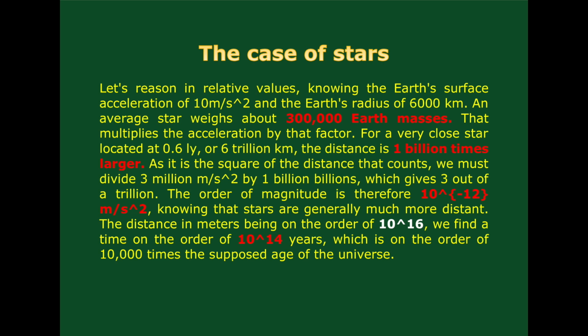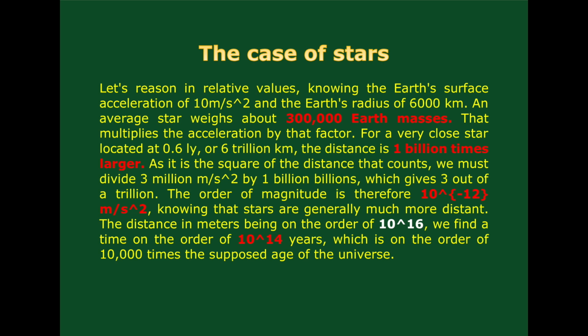For a very close star located at 0.6 light years, or 6 trillion kilometers, the distance is 1 billion times larger. As it is the square of the distance that counts, we must divide 3 billion meters per square second by 1 billion billion, which gives 3 out of a trillion.